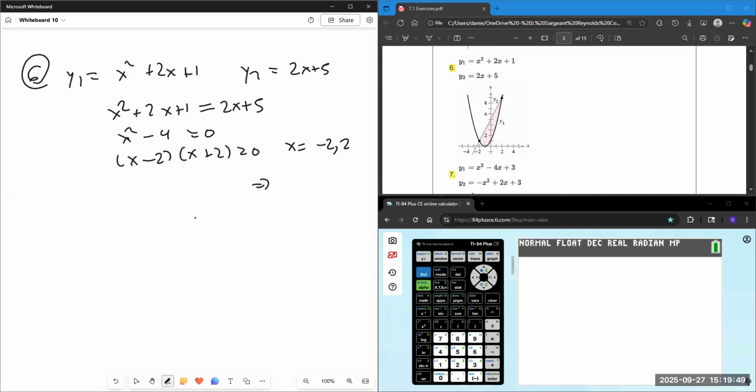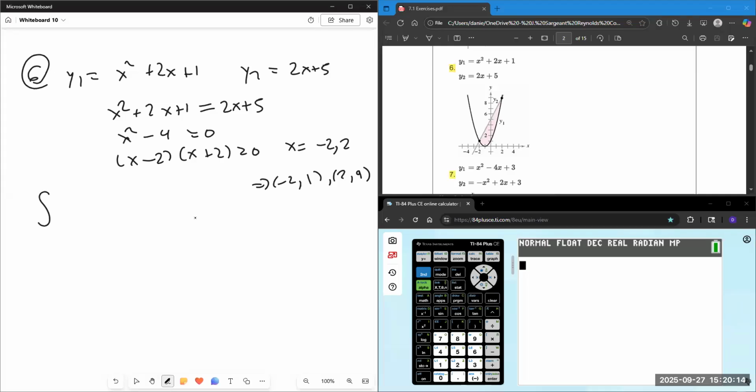And so that tells me that I'm at (-2, 1) and (2, 9). By plugging into here, I'll get the same y value for the linear or the quadratic, but the linear is easier to solve for. So I usually use the lower degree function, the easier function to evaluate to get my point of intersection.